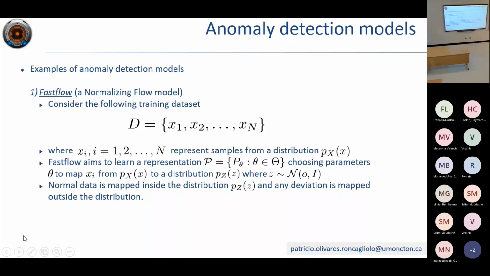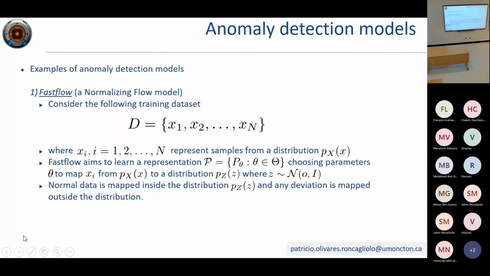The most common one, of course, will be the normal distribution. Most of the time in normalizing flow models you will see that they use a normal distribution. But if you want, you can try another distribution as well. The difference between FastFlow and any other normalizing flow model is how they learn this map between the original distribution of your data and the new distribution, the normal distribution.